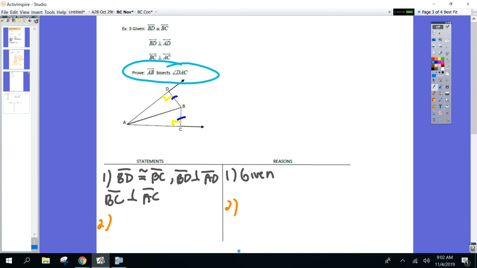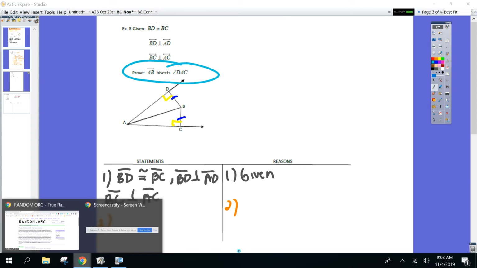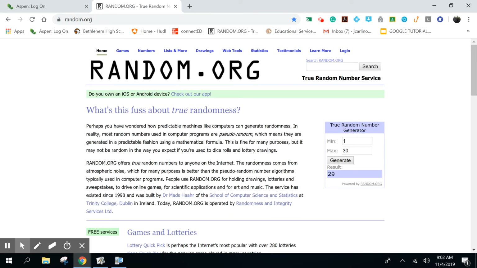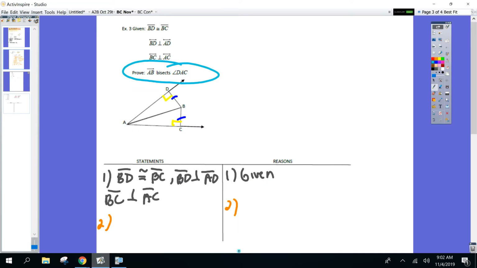If that was true, name the 2 angles that would be congruent then. If that's a true statement that AB bisects DAC, then you would know at least what 2 angles should be congruent. All right, so if true, angle DAB would be congruent to BAC.